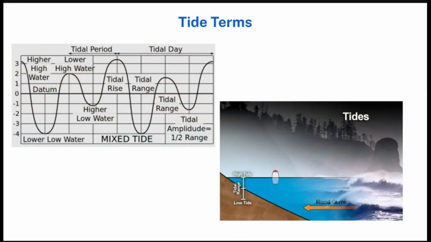So if we look at tides, this is a tide period. You can see here we have a high down to the low, and it's always just this kind of flow. So if this was one day, what we'll usually see in a day, most often, is two highs and two lows.